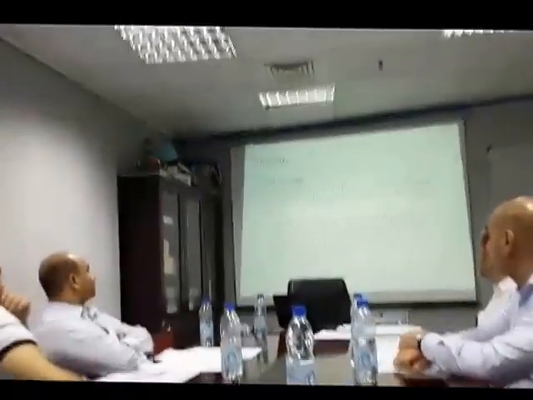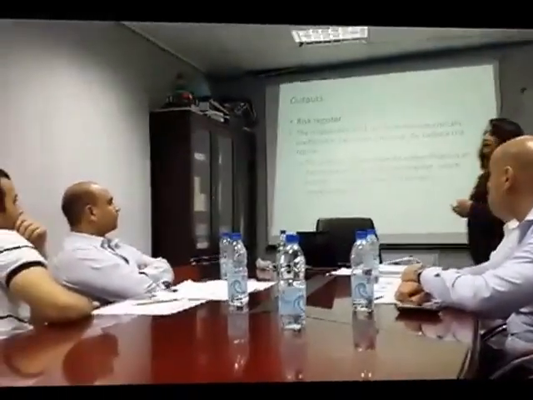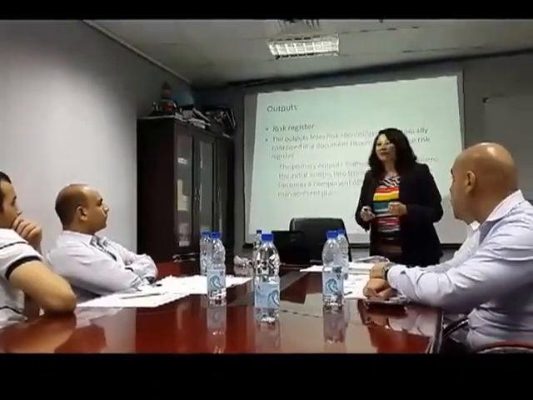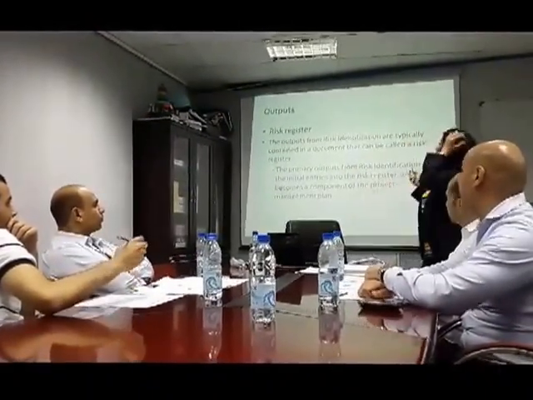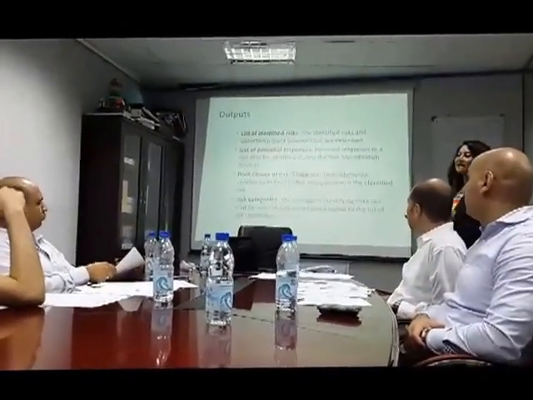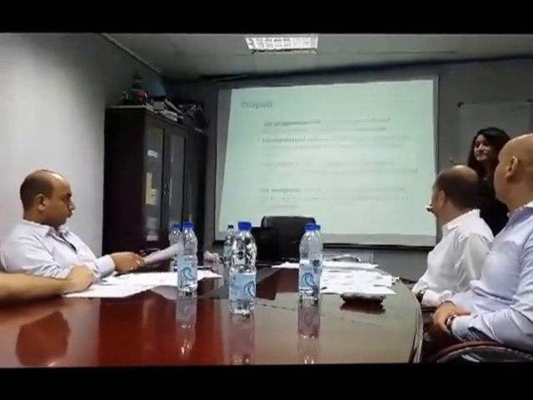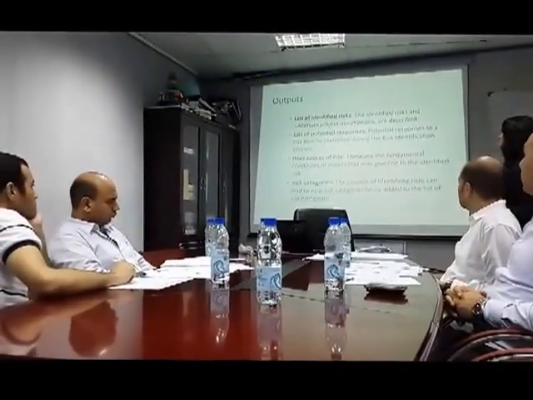Okay, what is the output of risk identification? There's one single output, but it's so important. It's called the risk register. And identified risks, I have the list of potential responses. It means I write, if this risk happens, what am I going to do?